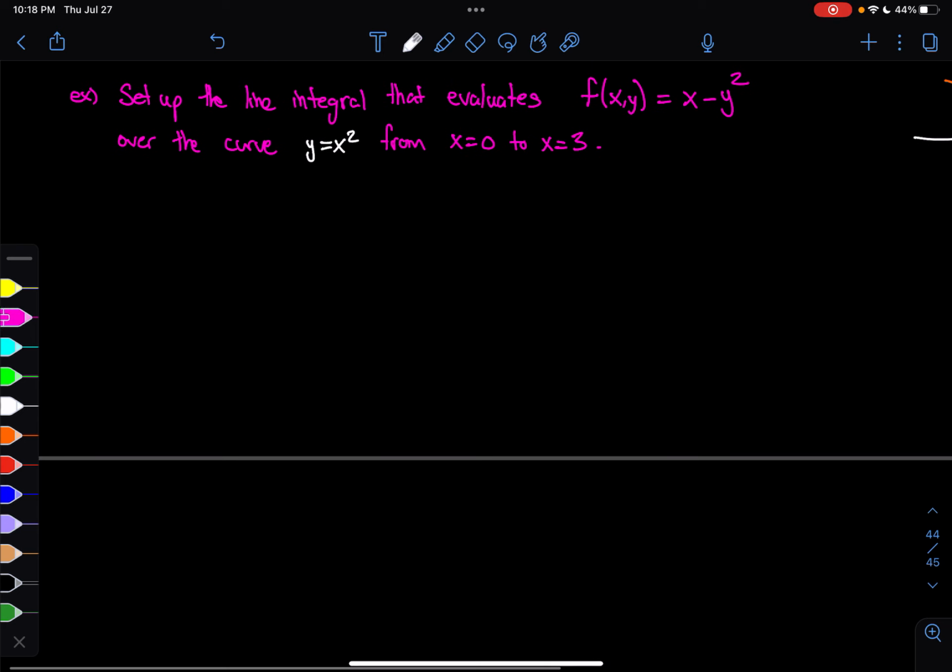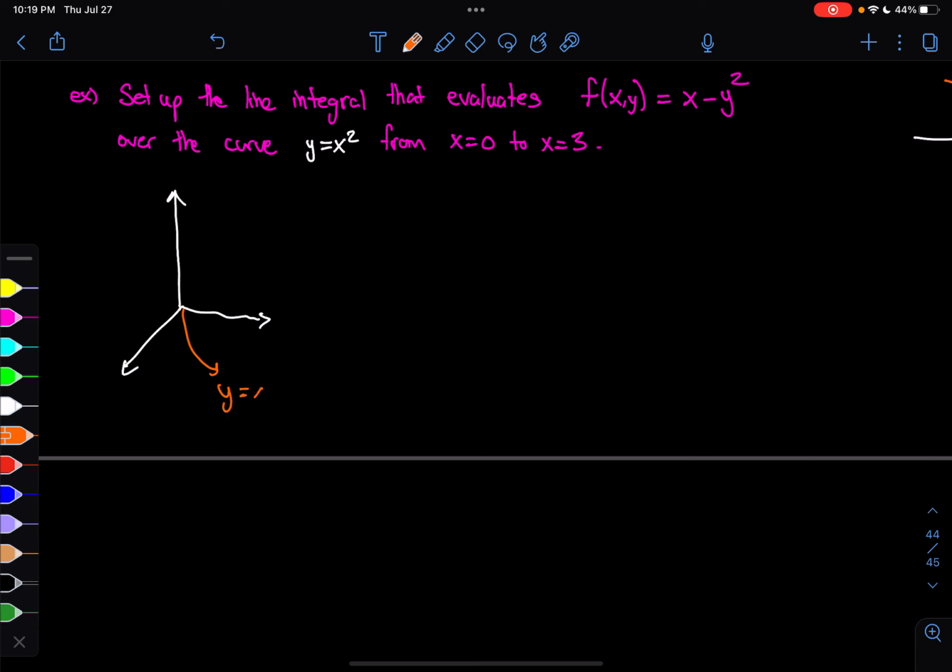So let's figure out what's happening right now. In 3D, we have the same thing happening that I just sketched on the other one. We have our curve, which is given by y equals x squared. We are only interested in going from x equals 0 to x equals 3, so we only really want part of this curve. And our function exists somewhere over here.